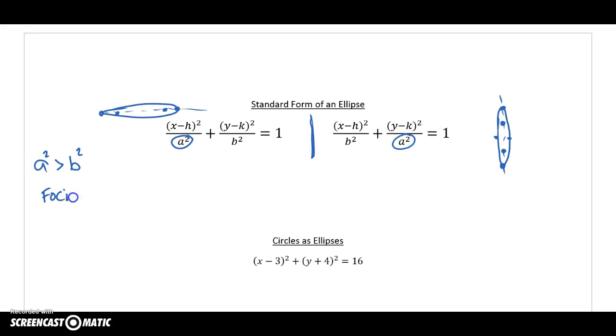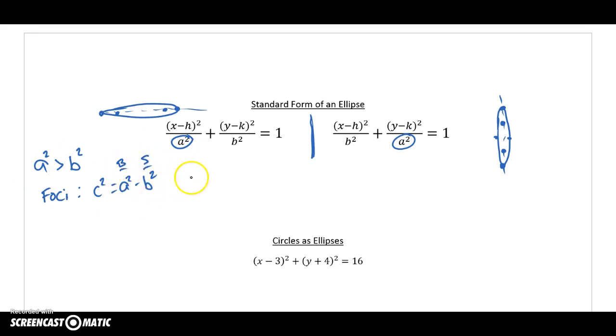So in either scenario, the foci can be found by using this formula, c squared equals a squared minus b squared. I didn't use a squared and b squared, I said your bigger denominator minus your smaller denominator. And you'll notice that if we're claiming a squared is bigger, that's exactly what we're doing. This is not BS, I promise.